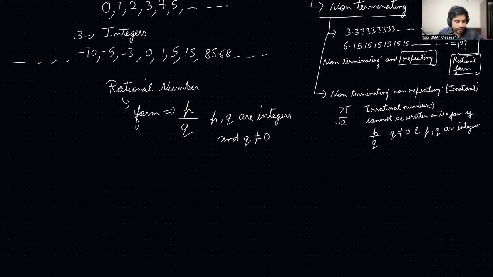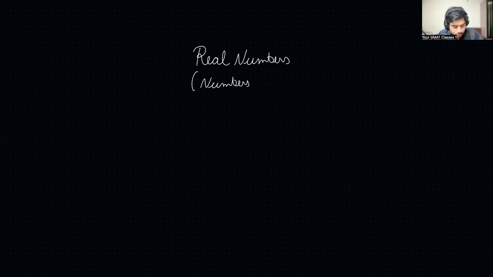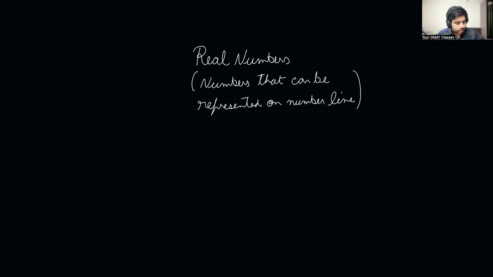So now if I classify, you have this category of numbers called real numbers. And what are real numbers? Numbers that can be represented on the number line. Real numbers have two broad categories. One is rational numbers.